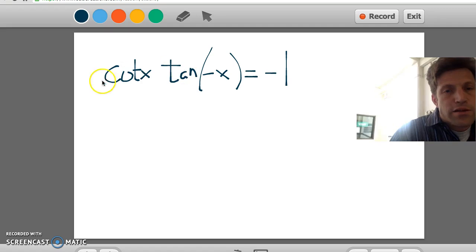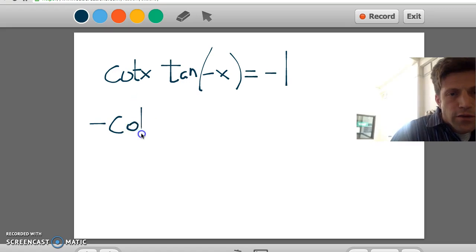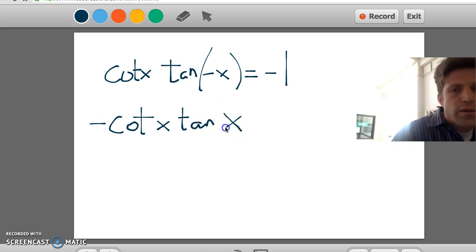And then a positive times a negative makes this whole side negative. So basically I'm going to change this to negative cotan x tan x. We can't always do that. It's not straight multiplication. We can do it with tangent. Tan negative x equals negative tan x. And then that negative I move to the front.